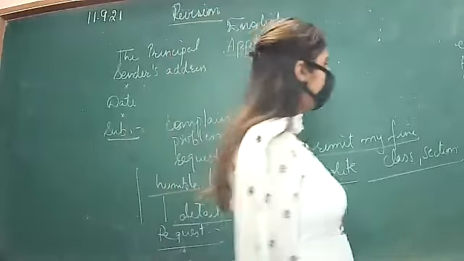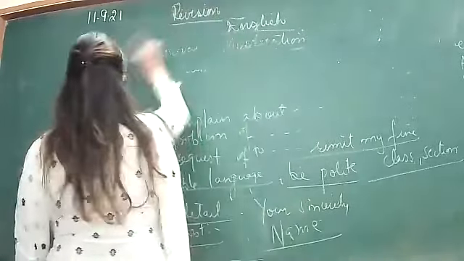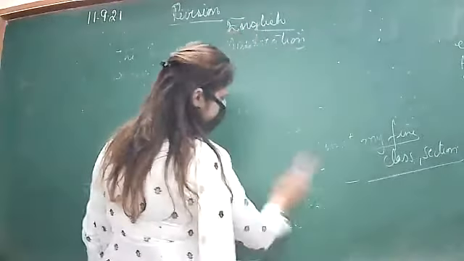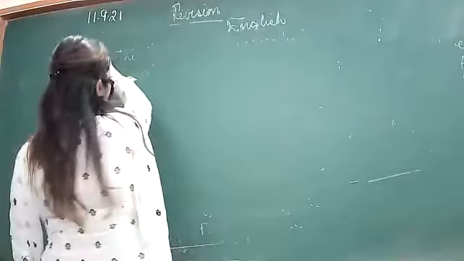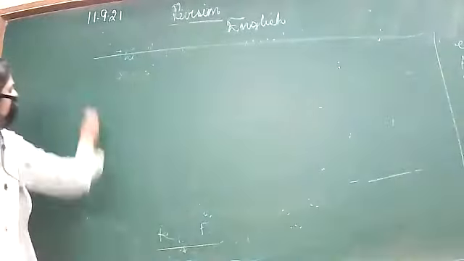Okay, thank you. Now, informal letter, I know you will write down. One more last thing I want to discuss with you is notice writing. So for notice writing, you will always first of all draw the box.